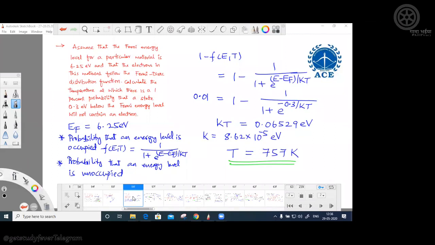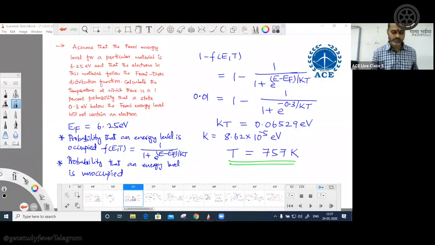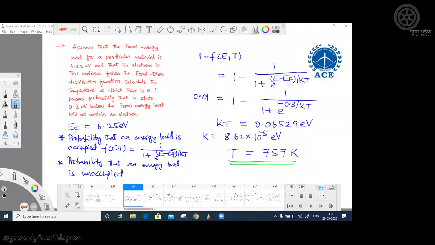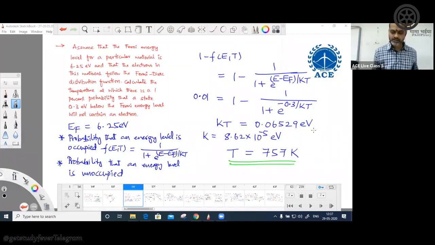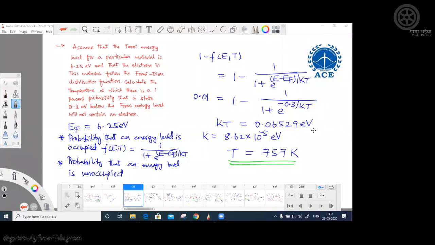Here is the probability that a state 0.3 eV below the Fermi level is occupied. If it is 0.4 eV below the Fermi level, then will electrons be present? You calculate. Instead of 0.3, you put 0.4. Okay, sir. Will the electrons at the surface of EV be transferred more efficiently than those at the bottom?